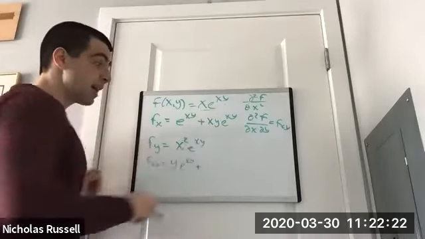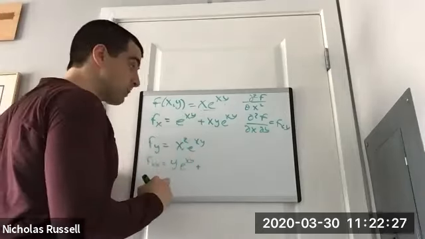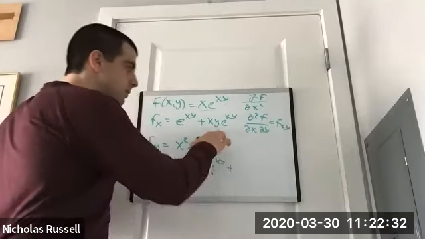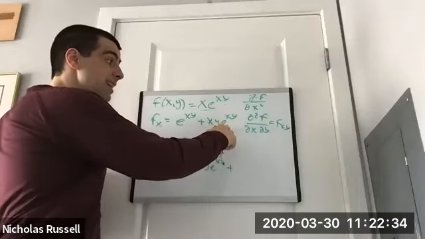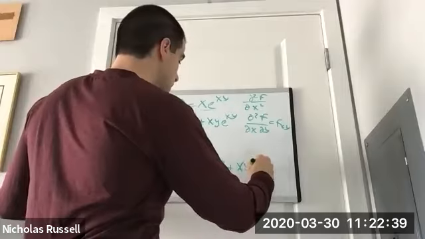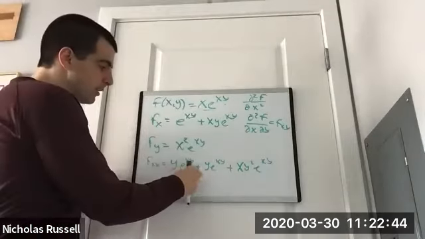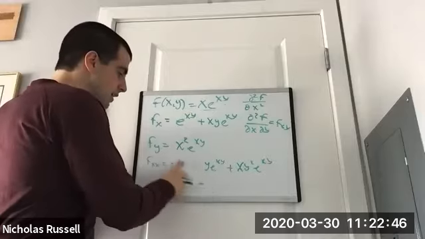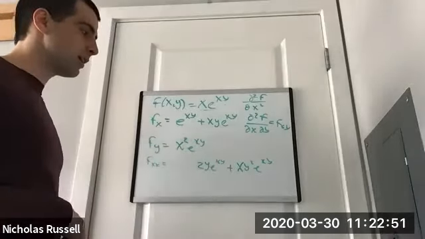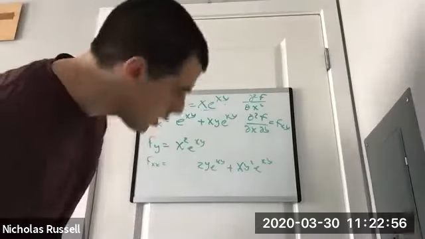This guy here is actually going to have to do product rule again. x times y, the derivative of that with respect to x is just y e to the xy, plus the derivative of this guy with respect to x, where I bring down a y again. So it's going to be xy squared e to the xy. You can combine these two and make this really nice, and say this is just 2y e to the xy plus xy squared e to the xy. Something like that. You can do this for all of them if you wanted to.